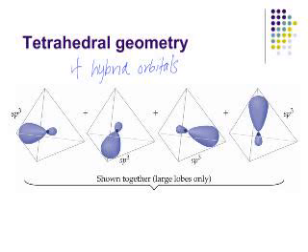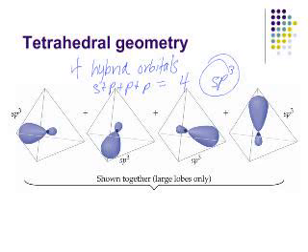All right? And since these hybrid orbitals were made from an s and 3 p orbitals, we call them sp3 orbitals.